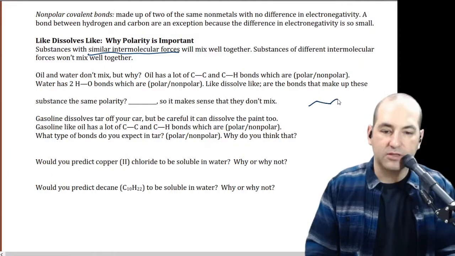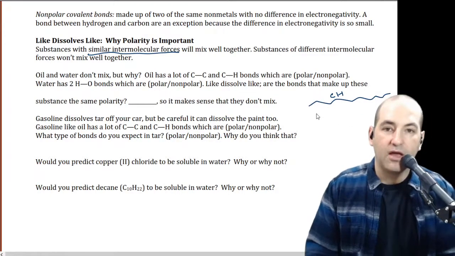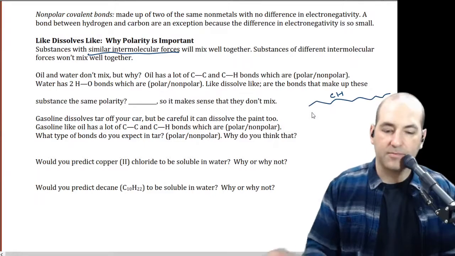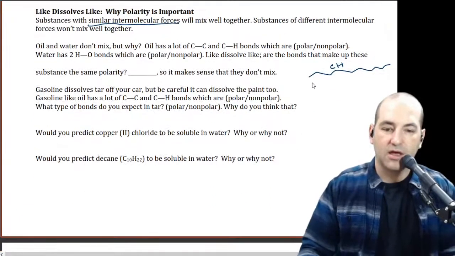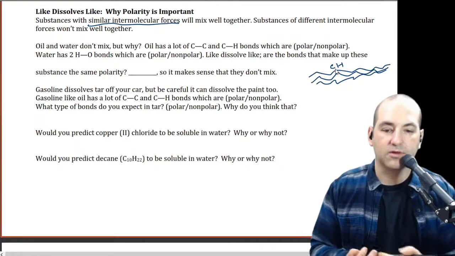Let's express oil like this, which just means lots of carbon and hydrogen. Oil molecules are made primarily of carbon and hydrogen, which is all nonpolar. And as we talked about in the last chapter, those nonpolar molecules can attract each other, sometimes fairly strongly, through dispersion forces by lining up and attracting each other with those forces.